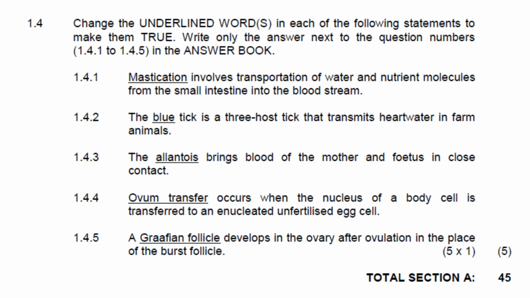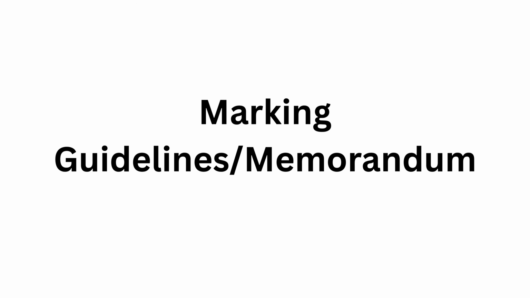So a corpus luteum develops in the ovary after ovulation in the place of the burst follicle. The Graafian follicle, the wrong word here, actually becomes the corpus luteum, right?